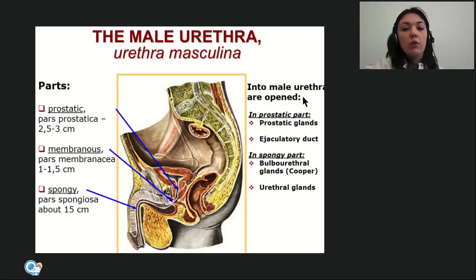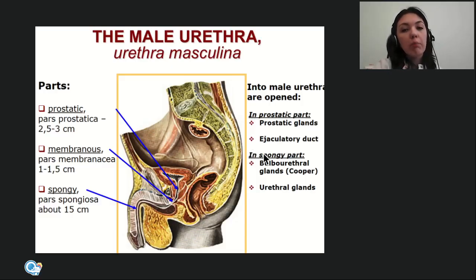And due to the fact that the male urethra serves not only for the excretion of urine, but also acts as a genital organ, it conveys the sperm, the semen, into the female reproductive tract. There are some additional communications of the male urethra. Into the prostatic part, prostatic glands are opened, and the ejaculatory duct also opens.